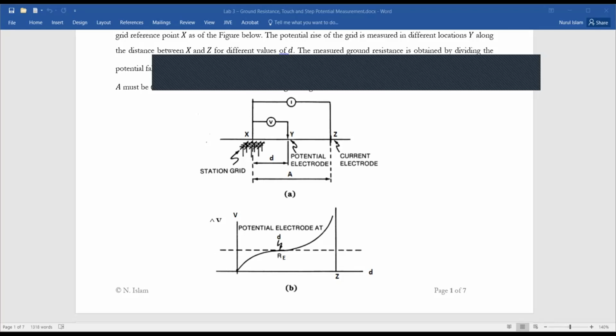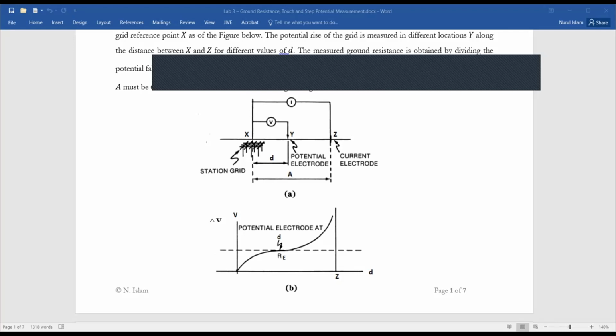The distance from this grounding grid to that auxiliary electrode, according to the IEEE standard, is a minimum of 6.5 times the diagonal distance of this grounding grid. But if you go a little bit further, it doesn't matter.